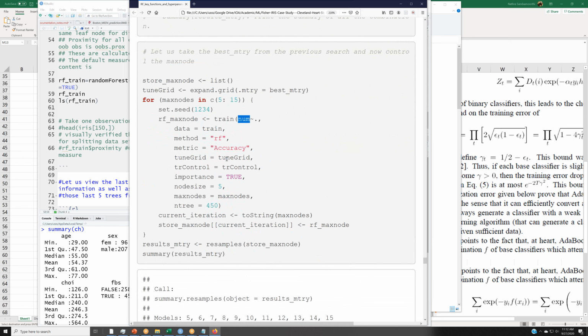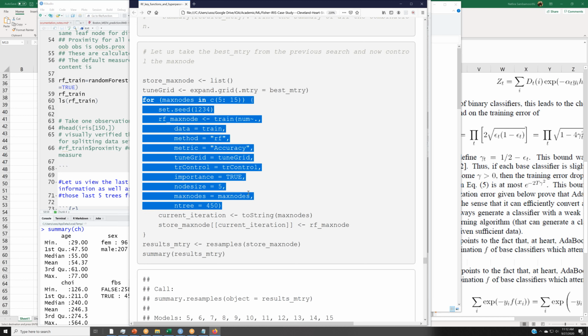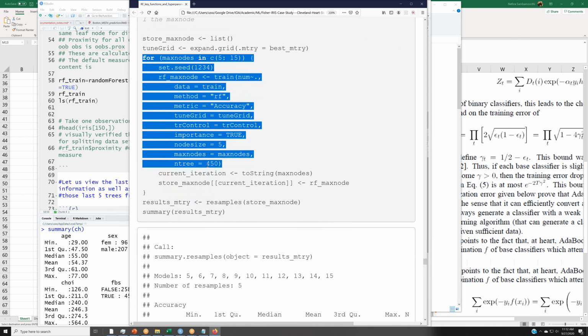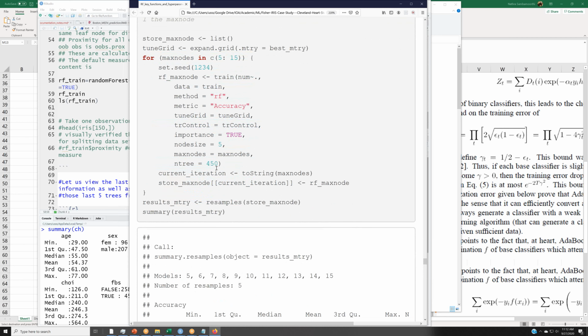We do the same tuneGrid. In this case, we take the best mtry, and within that we are looping. Remember that? We are looping it, and we are doing node size 5 here, but then it will change for each value.